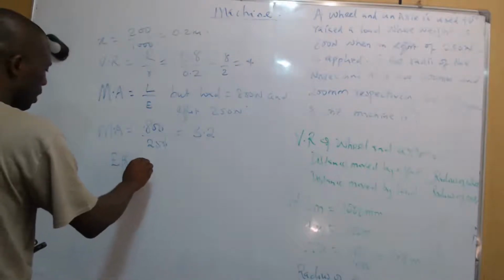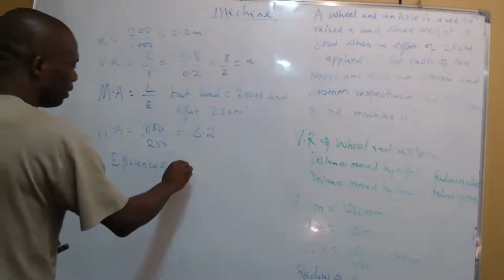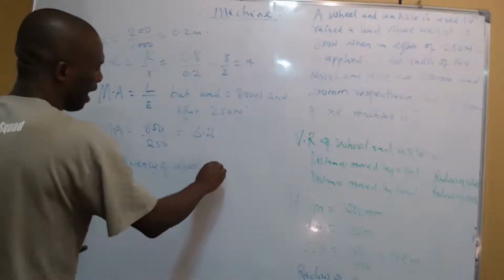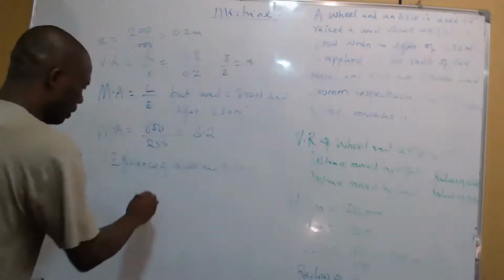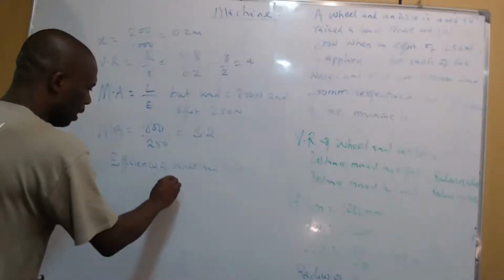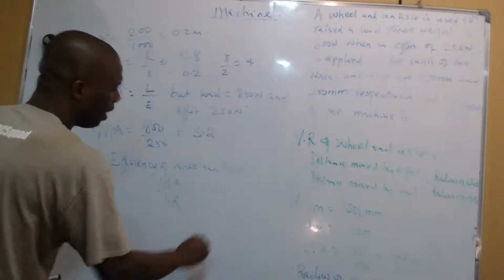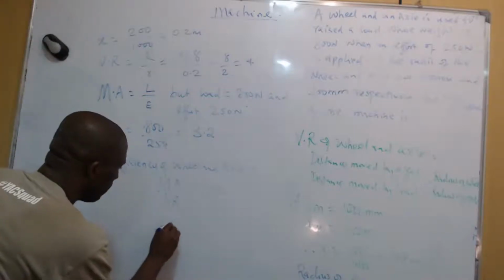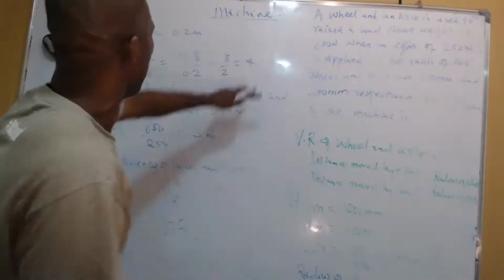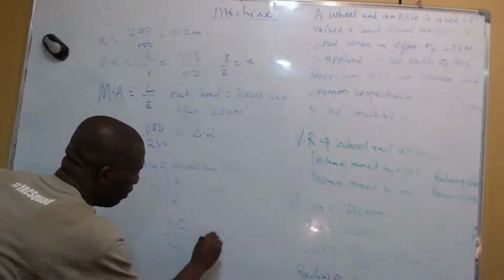Now, the efficiency of the machine. Efficiency of wheel and axle is equal to MA over VR times 100 over 1. We have calculated our MA as 3.2. So 3.2 all over our velocity ratio, which was 4, times 100 over 1.